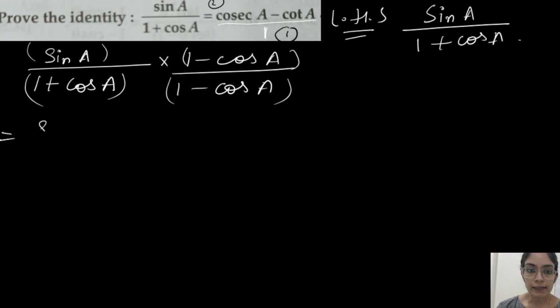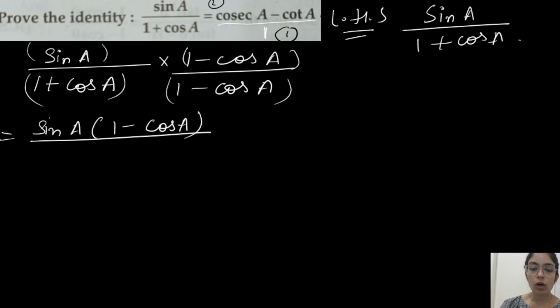So what we will get is sin A into 1 minus cos A. Now the denominator, because we have rationalized, will always be A square minus B square.